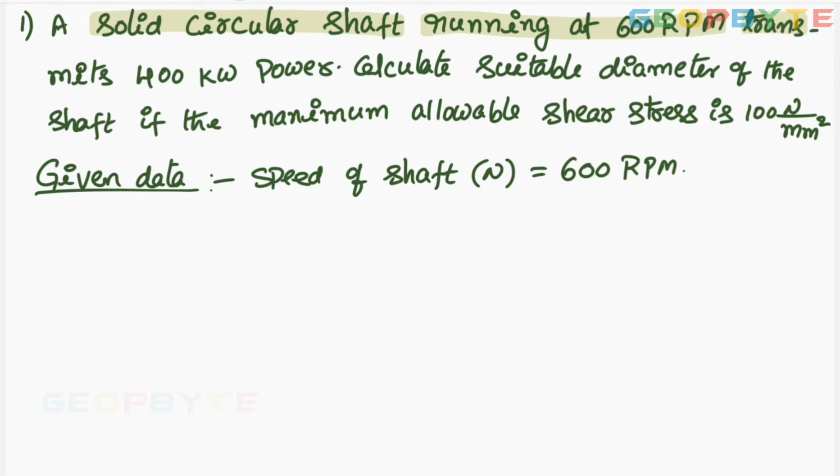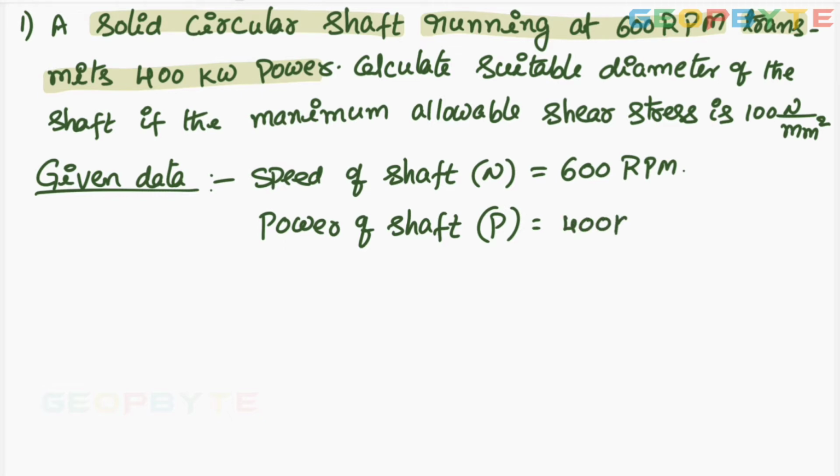It transmits 400 kilowatts power. Power transmitted by the shaft is given as 400 kilowatts. It is equal to 400 into 10 raised to 3 watts or joules per second.